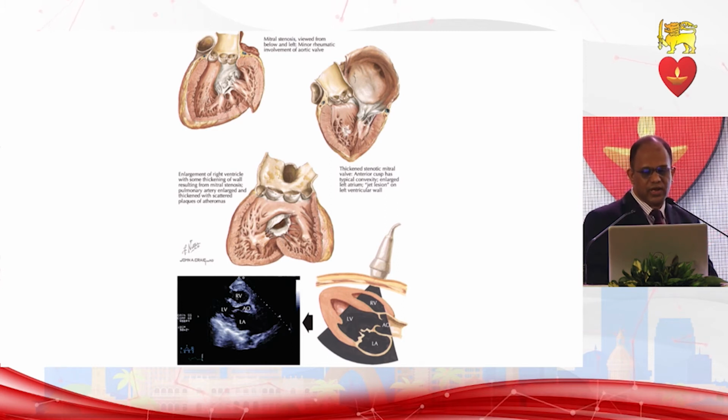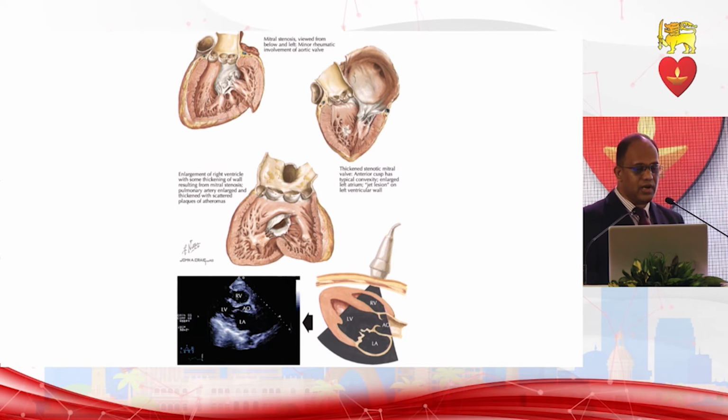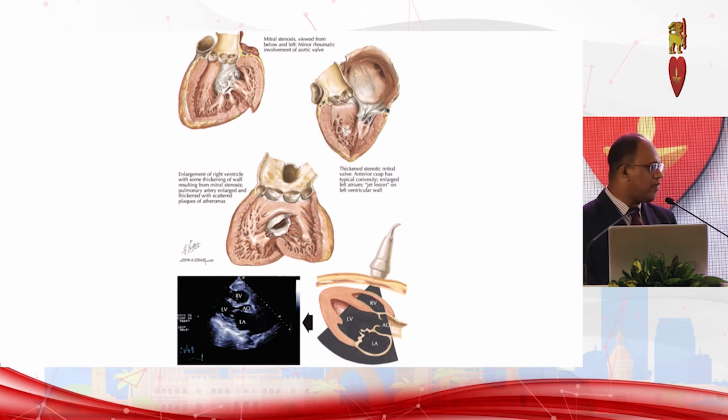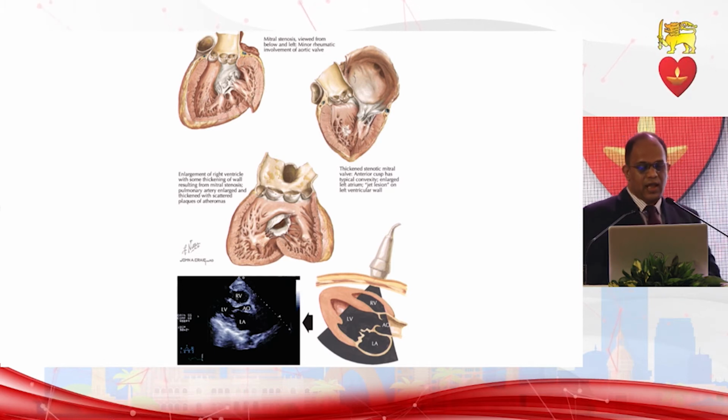When the mitral valves get thickened and stenotic, the blood can't flow freely between the atria and the ventricle, and the atria has to struggle to push the blood through this stenotic valve. So the atria become larger and larger, and at the end, the atria become very redundant, and its function becomes impaired. At the same time, because the ventricle has very little blood, the ventricle becomes smaller.